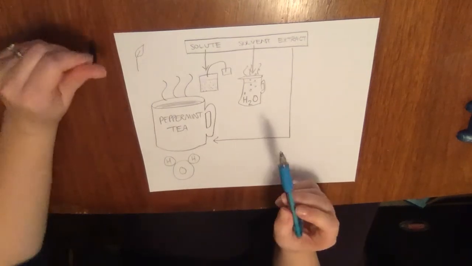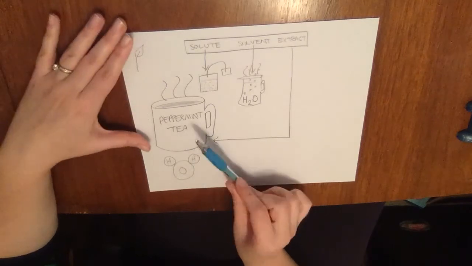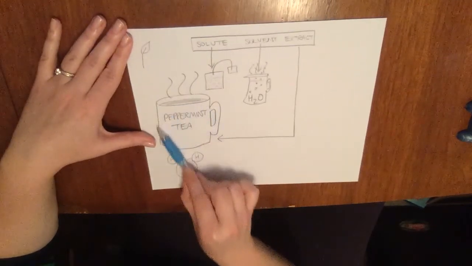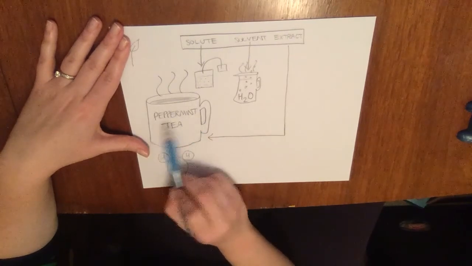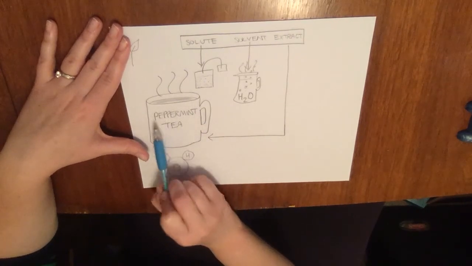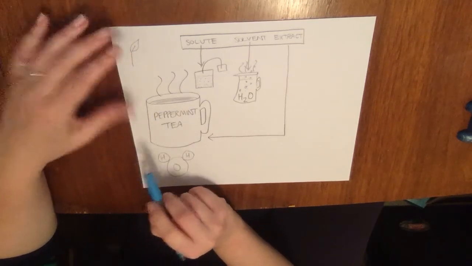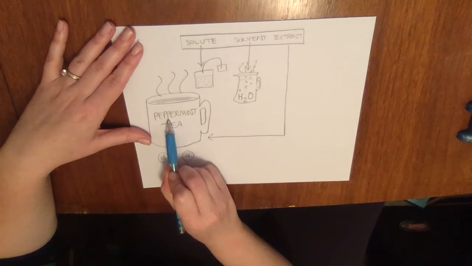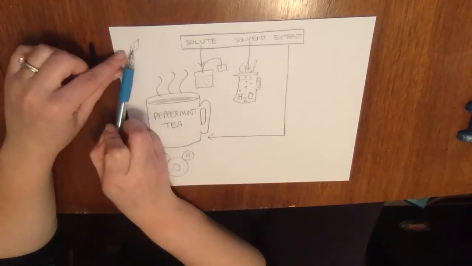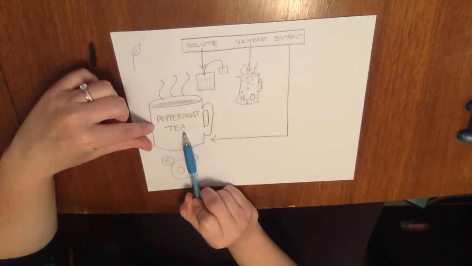Other examples of an extract might be, if I wanted a stronger peppermint flavor, I might take this peppermint tea right here, and I might say, I don't want it to be so watery. I want a strong peppermint flavor in my peppermint cookies that I'm going to make, but I don't want them to be all watery. How can I get just the peppermint flavor without chunks and bits of peppermint leaves and without the wateriness of the tea?